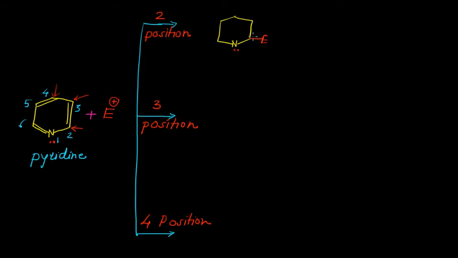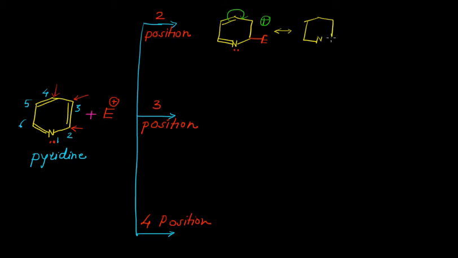The other bonds will remain as they are, and the positive charge will come on carbon number 3. This positive charge gets delocalized into the ring in this fashion, and now this charge shifts from carbon number 3 to carbon number 5 in the next resonating structure. So we may write the next resonating structure like that.